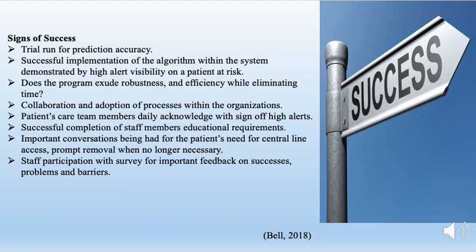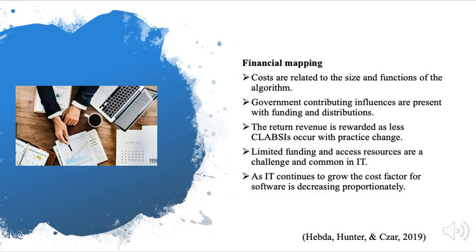Patients' care team members daily acknowledge high alerts in the chart with sign-off. Successful completion of staff members' educational requirements. Important conversations being had for the patient's need for central line access. Prompt removal when no longer necessary. Staff participation with surveys for important feedback on successes, problems, and barriers.